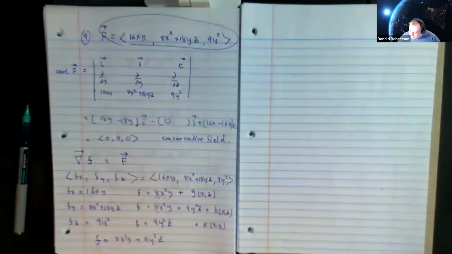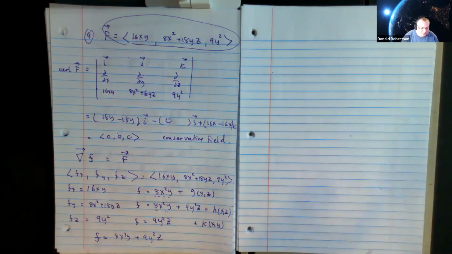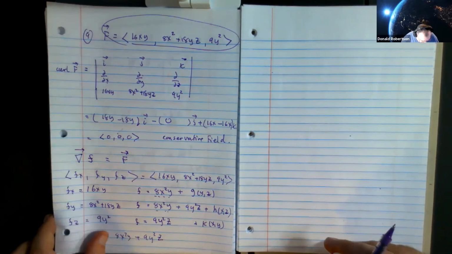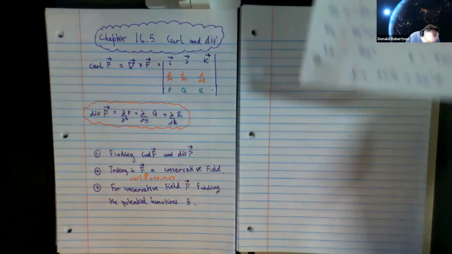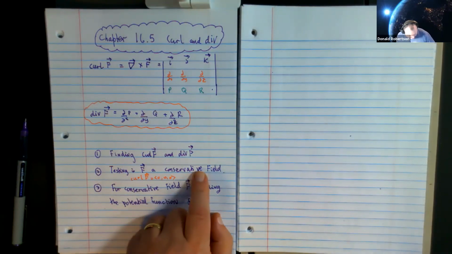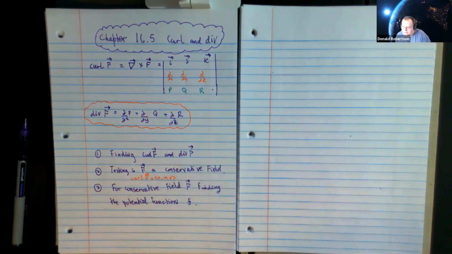Okay, let's return back to what I'm actually getting paid for, which I do like doing, which is math. So, proving something is conservative isn't that much different from one, is it? You just get the curl, and if it's 0, 0, 0, you're good to go.